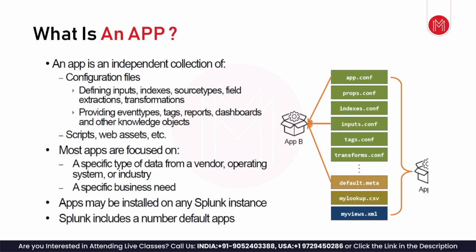It also has some scripts, web assets, etc. Most applications are focused on a specific type of data from a vendor, how the data is coming and how we handle that data, operating system or industry-specific business needs. Based upon our business need, we have different applications in Splunkbase. You can go there and view them.